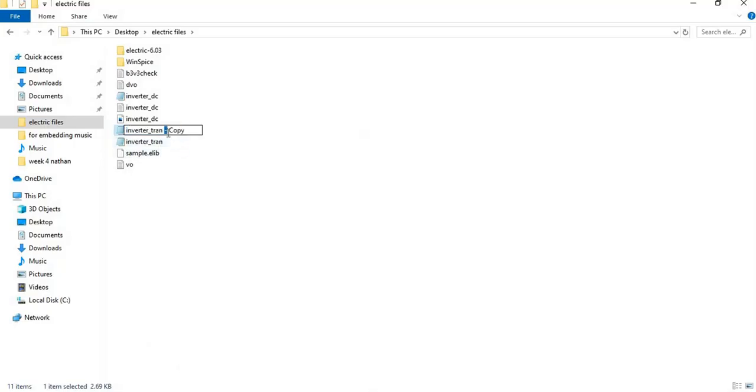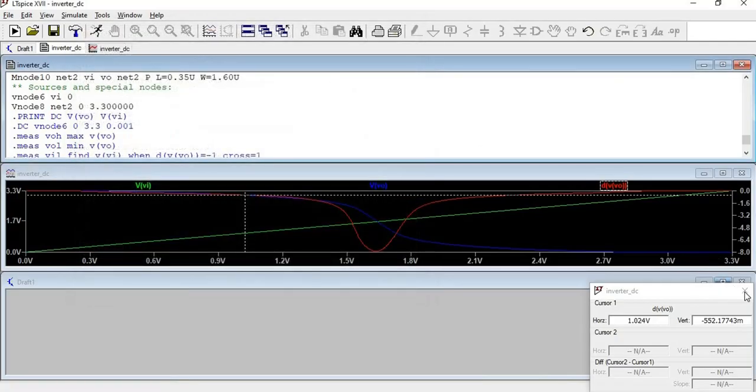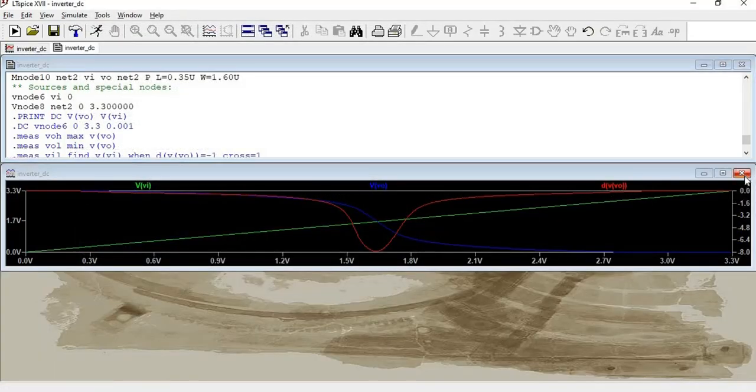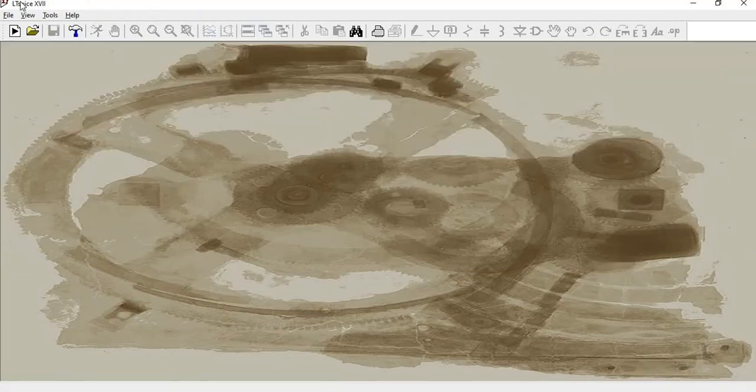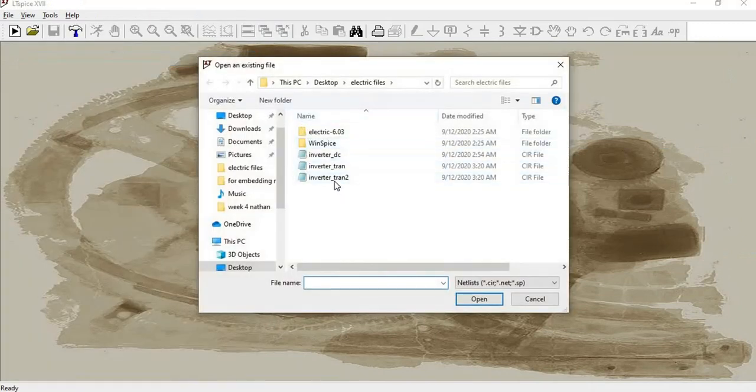You can rename this as inverter tran 2. From your LTspice, you can just close the other simulations. Open inverter tran 2.